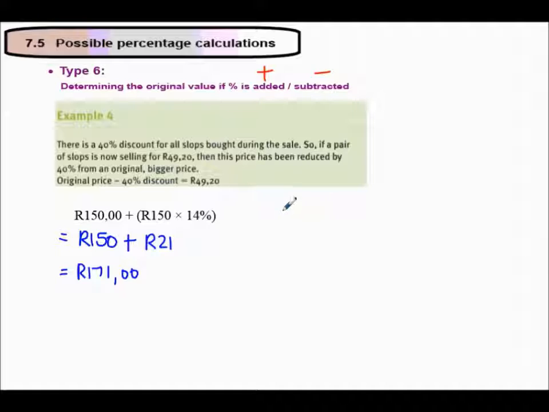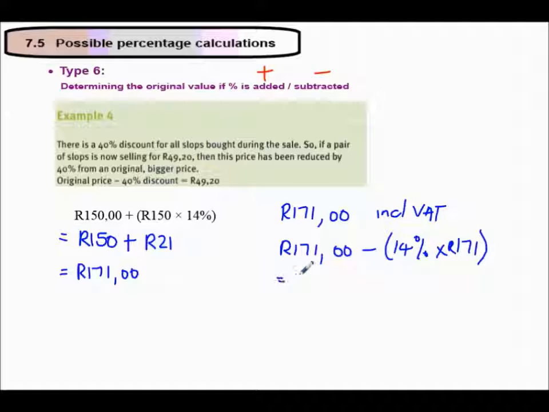Now I know many of you want to, so now if we had to find the price before VAT, so it is 171 Rand, and that includes VAT. Now I know you just want to say, well, to get back to the price before VAT, you want to take 171 Rand and you want to minus 14% of 171 Rand.